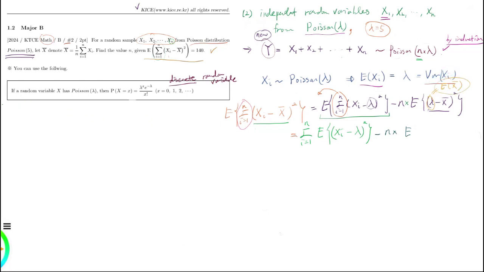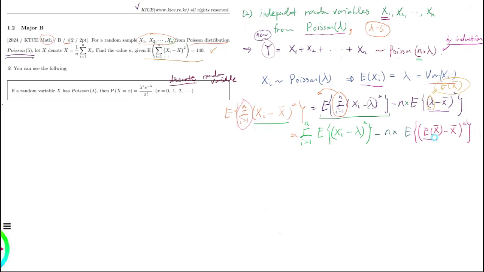so because, let me write this one. Instead of lambda, I will write the expectation value of sample mean x bar minus x bar, and each square and its expectation value.